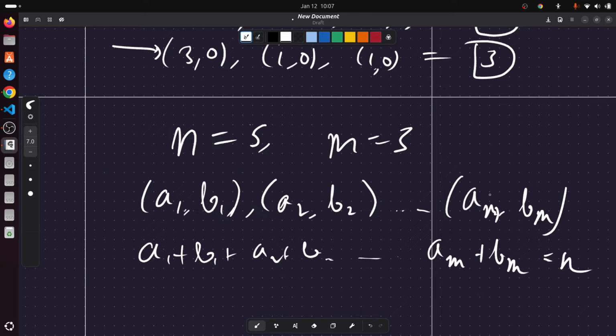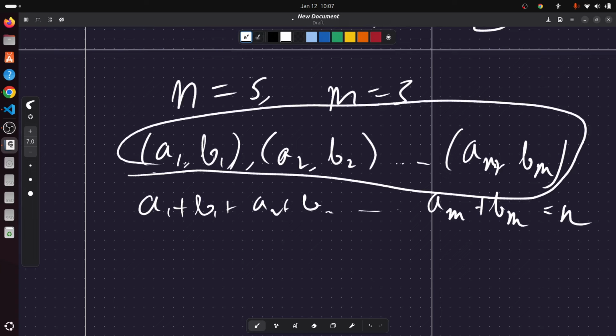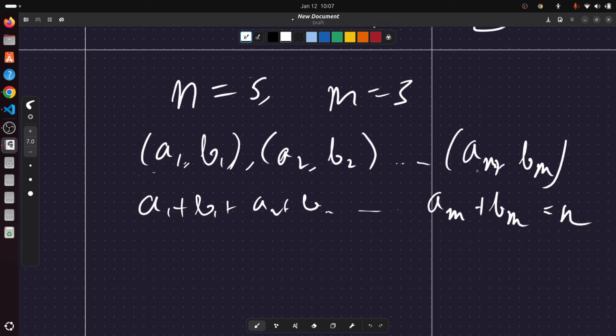There are no other conditions, so we have to iterate over all the different possibilities with sum up to n, and find the product mod of A1 minus B1, and so on.